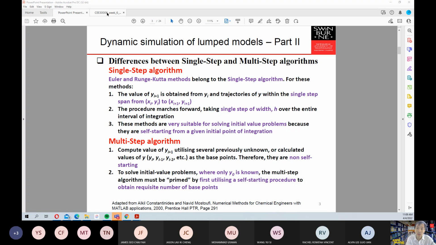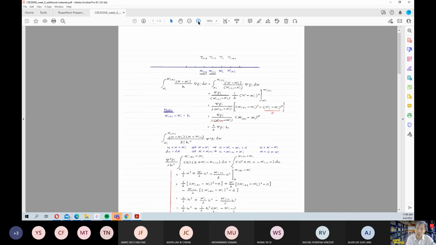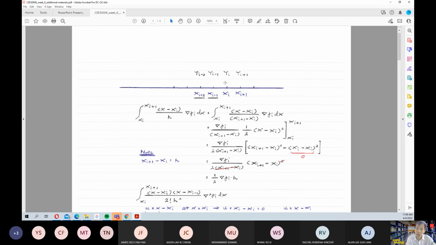If you look at your additional materials, you see that what you are given originally in the beginning is only this point x_i. If you use a single step, what you get is x_{i+1}, then the next one x_{i+2}, the next one x_{i+3}, and so forth.